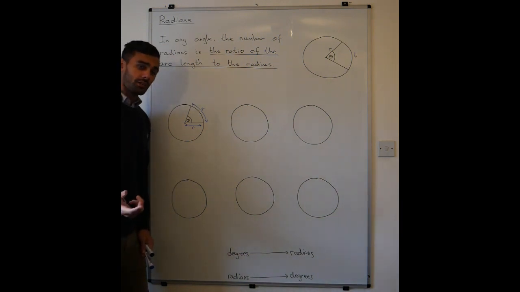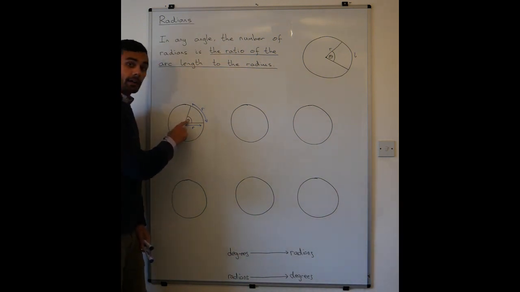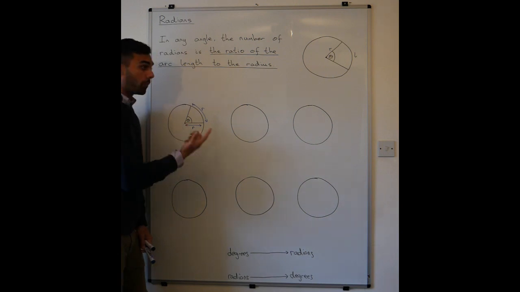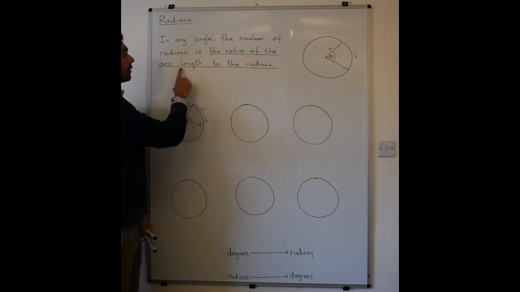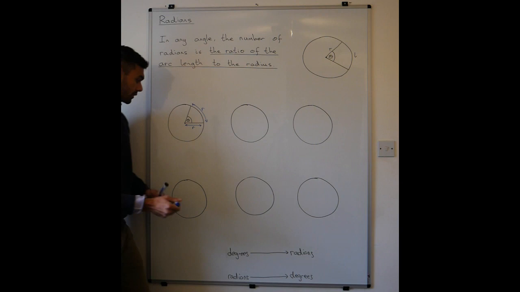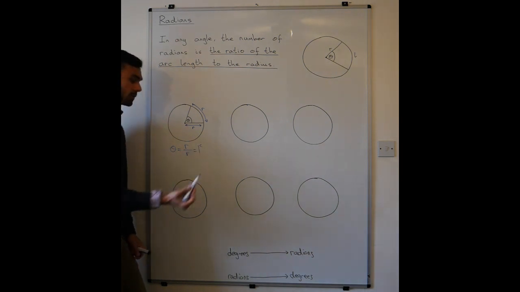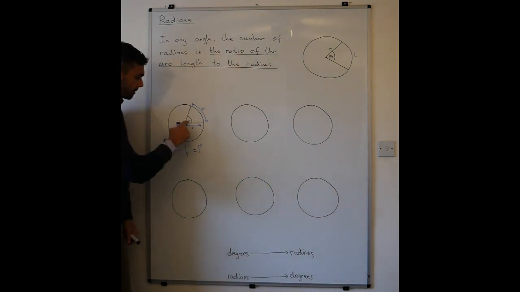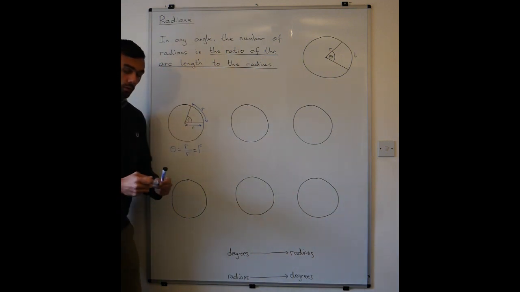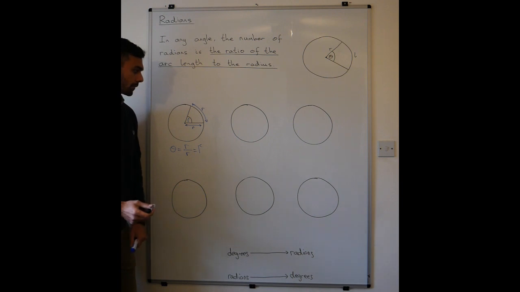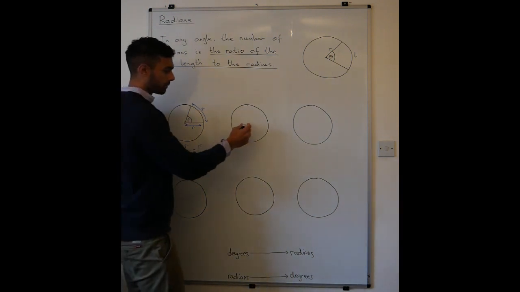The question is, how big is this angle? Well, it's the ratio of the arc length to the radius. So the arc length over the radius is 1. There you go. Alright, so we've got an angle of size 1. On to the next circle.